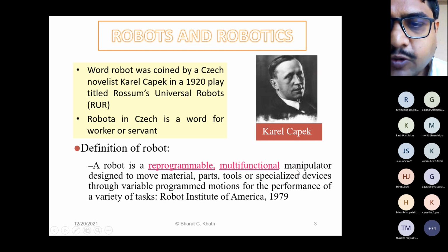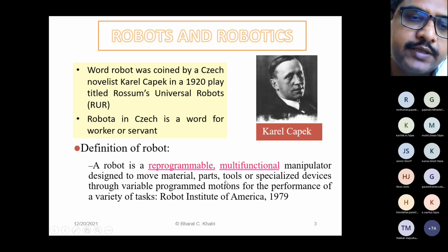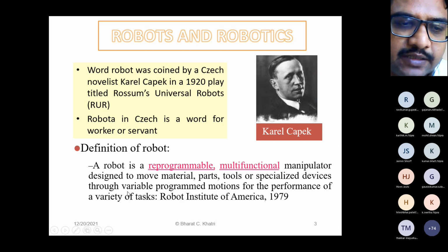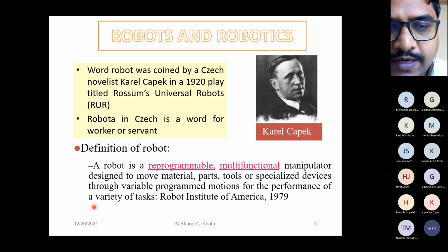Manipulator means it is an electromechanical structure which is designed to move materials, power, tools, specialized devices through variable programmed motions. Right? So it takes various motions, that is the program, for performing a variety of tasks.